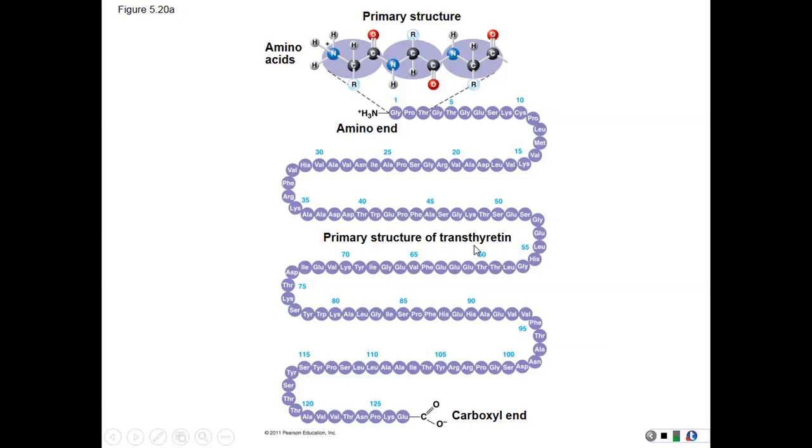It's a real credit to the power of selection to keep us all in line and make sure all of our transthyretins are up to snuff. If it's an important protein doing an important job, we probably all have the same amino acid sequence. But I can guarantee you this, the primary structure of transthyretin is certainly different than the primary sequence of another protein like insulin.